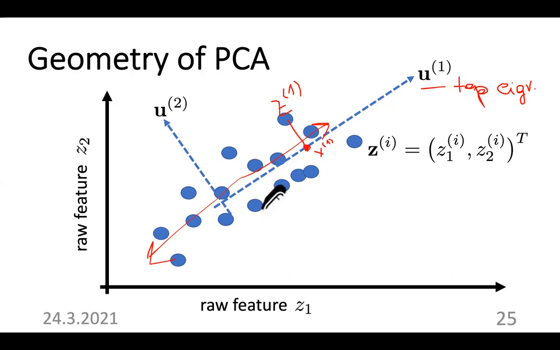And let's say this here would be x2, the second data point. And you get the feature for this by projecting again on this direction of maximum spread. So the output of PCA is the coordinate, or the component, of each raw feature vector along this direction of maximum spread.